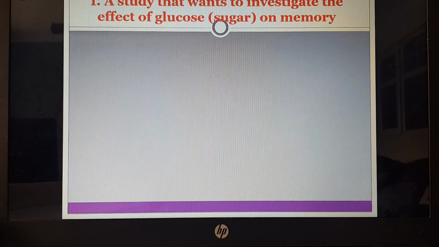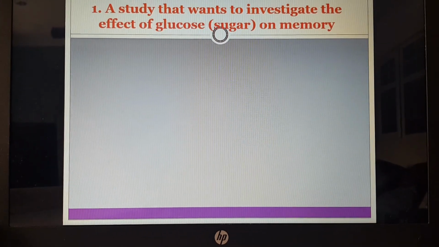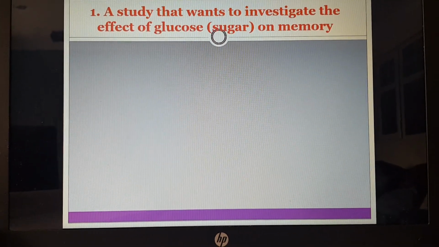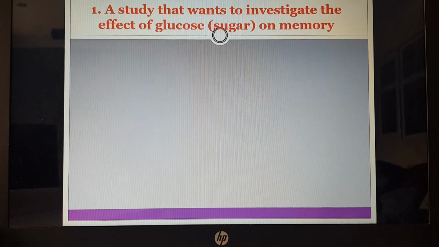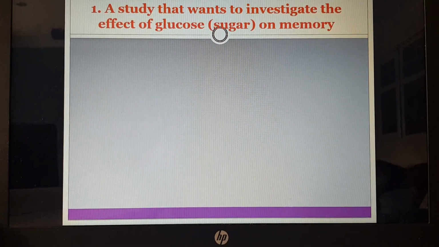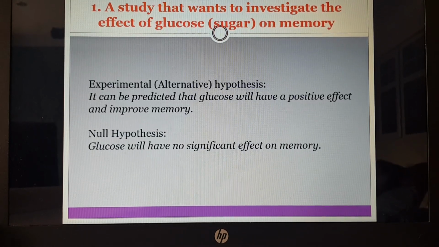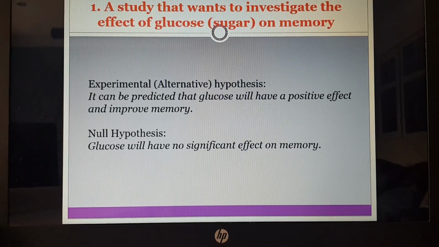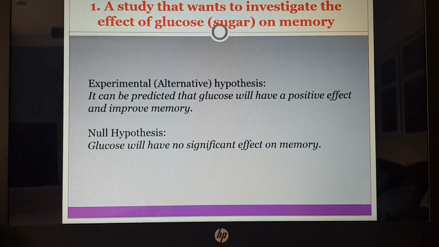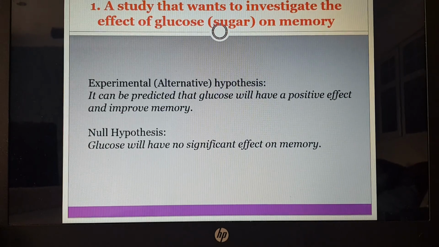So this is an example, a study that wants to investigate the effect of glucose or sugar on memory. How do we write a hypothesis? Well, we're going to have a look at how to write an experimental hypothesis and a null hypothesis on this study. The experimental hypothesis here would be: we can predict that glucose will have a positive effect and will improve one's memory.